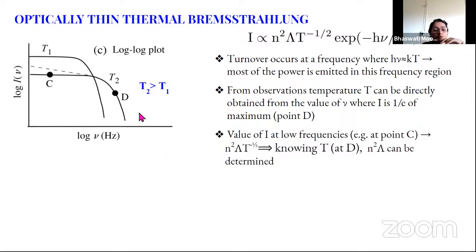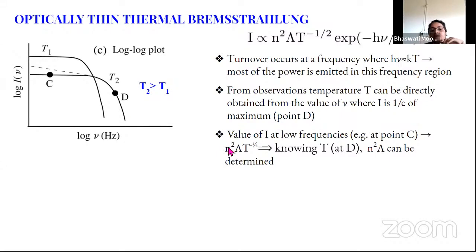Now, if I know the T, let's go to the lower frequency regime. As I said, at that point this factor becomes very small. So the intensity here just depends on n squared lambda T to the power minus half. But this T is the same as in this curve, right? So if I determine the temperature at D, I will already know the temperature at C. So I also know the value of n squared lambda for the plasma.